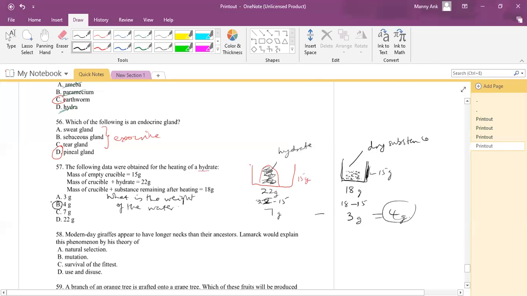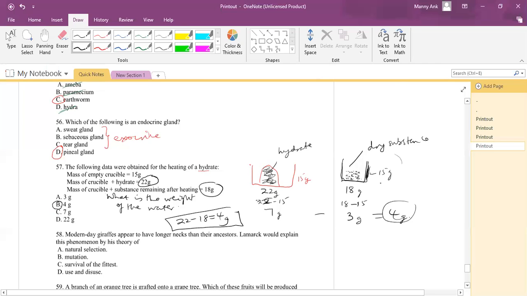But you can also do this quickly without going through all that I did here. This was just to illustrate what is happening. Now, how can I do this quickly? Just take the weight of the hydrate, minus the weight of the substance left after heating. So if I just do 22 minus 18, it will give me the answer 4 grams. Quicker.